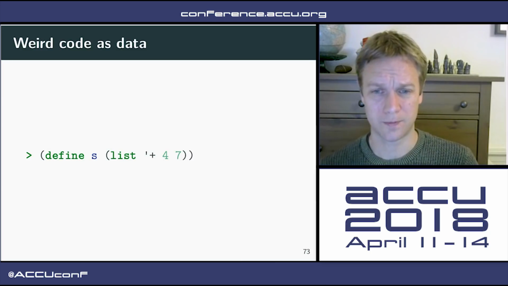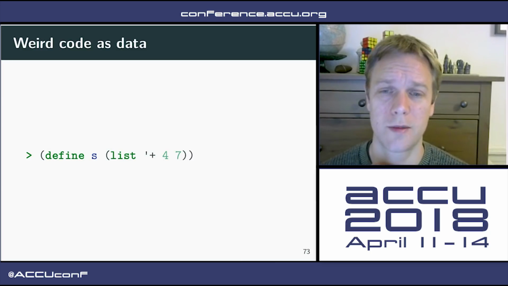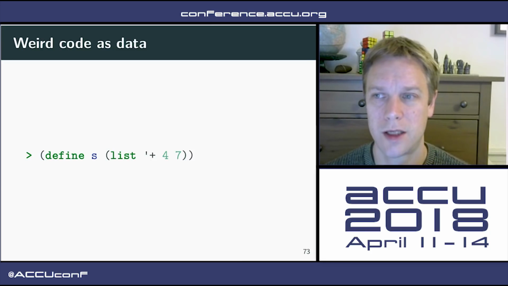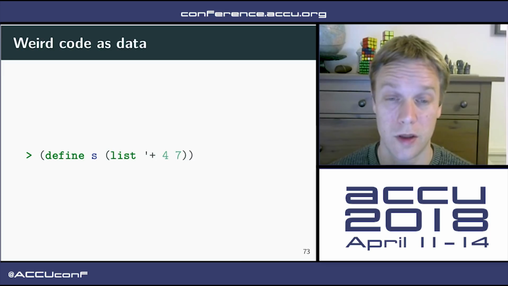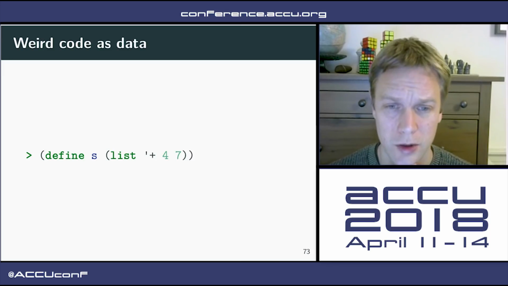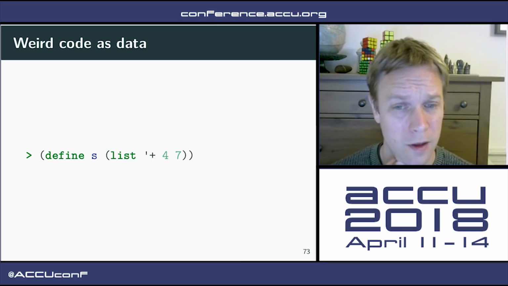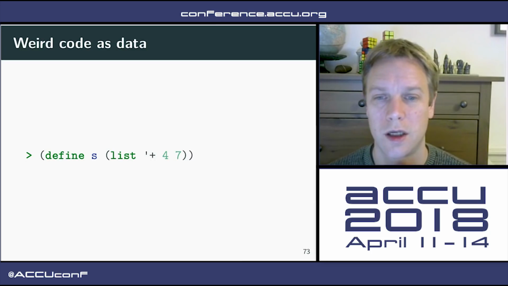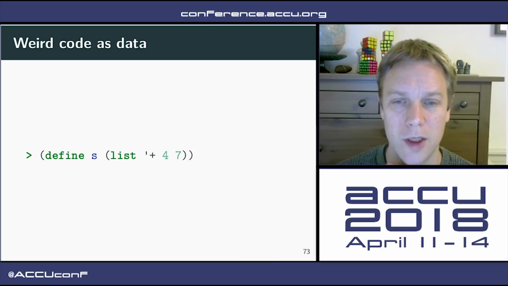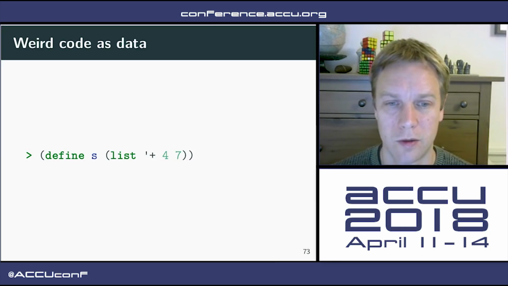Something else that's weird is that in Scheme it's really, really easy to treat data as code or treat code as data. So let's define a name or a variable called s, and we'll put in it a list. And this is a list of 3 things: a plus sign, a 4, and a 7. Please ignore for now that single quote, which will hopefully become clear to you a bit later on.